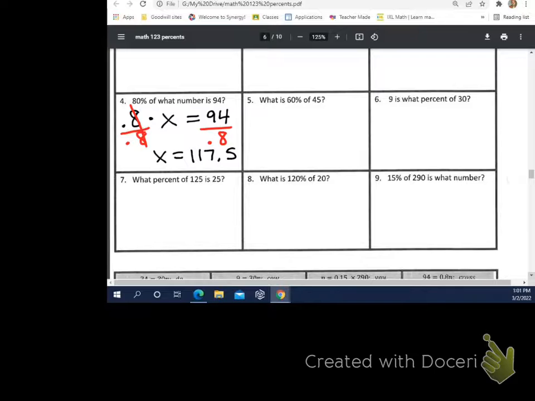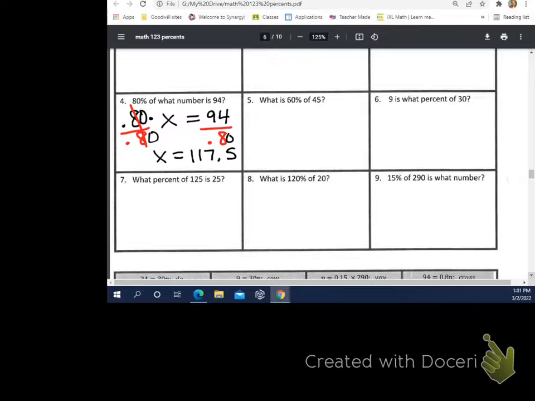I definitely haven't gone the wrong, directly opposite operation. By the way, just in case the 0.8 threw you off, if I did 0.80, my calculator still gives me the same answer. I was just being a little lazy about typing that.